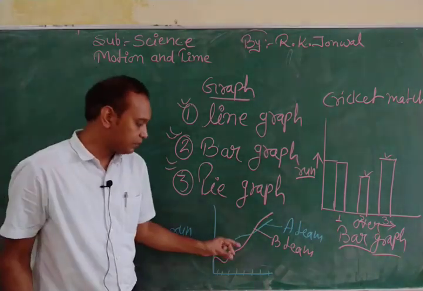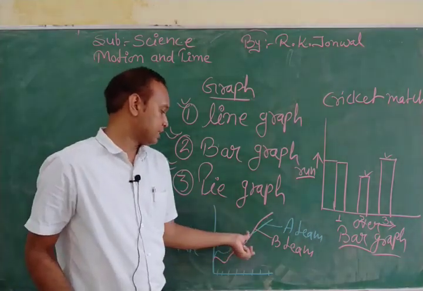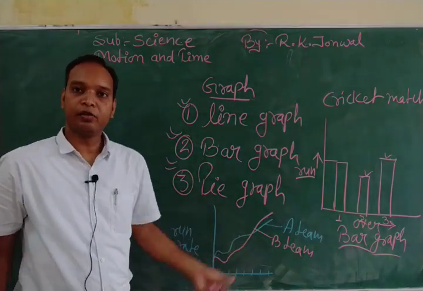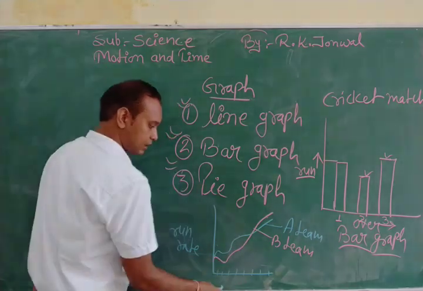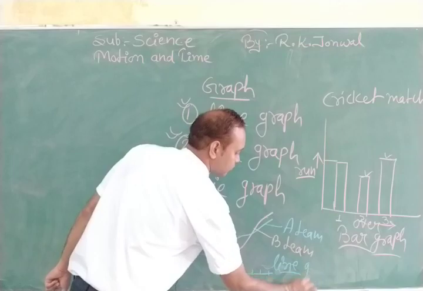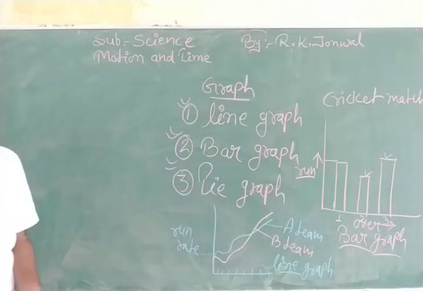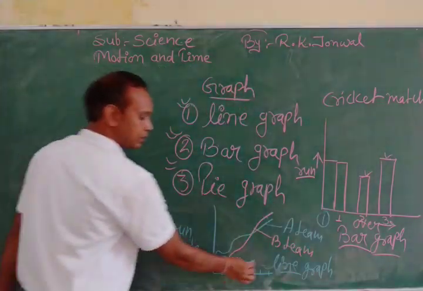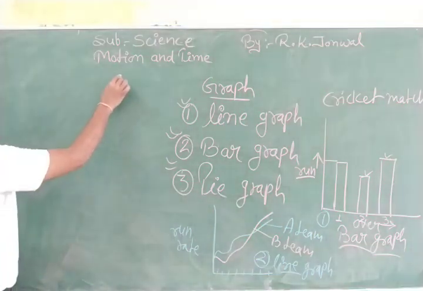With the help of these lines, you can find out which team is making runs faster in particular overs. So it is called a line graph. Okay students, so number one, bar graph, number second, line graph, and number third, it is called pie graph.